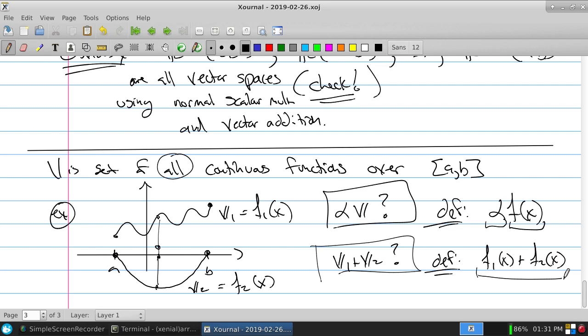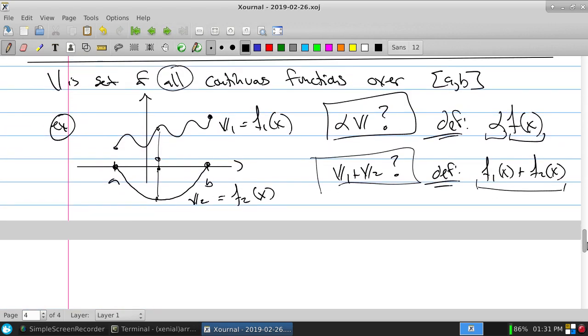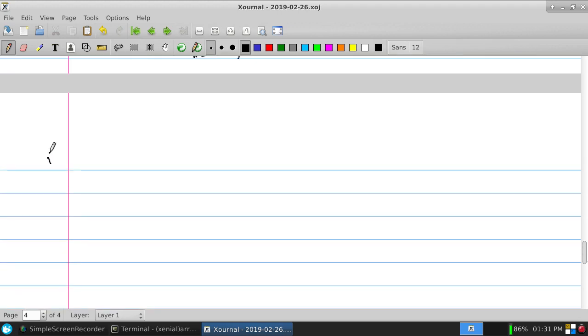Now, is this a vector space? We need to check.